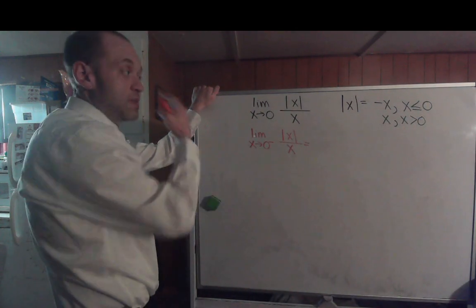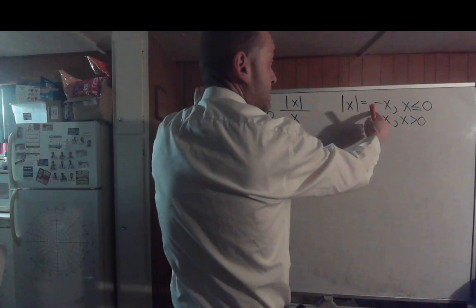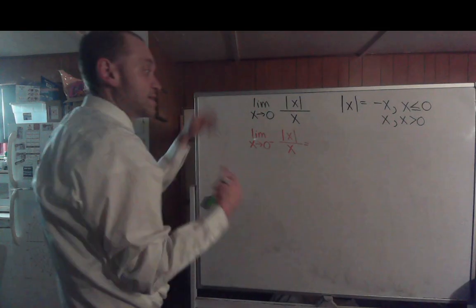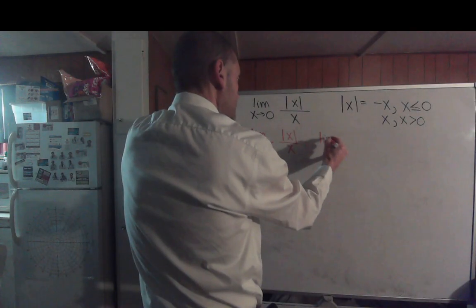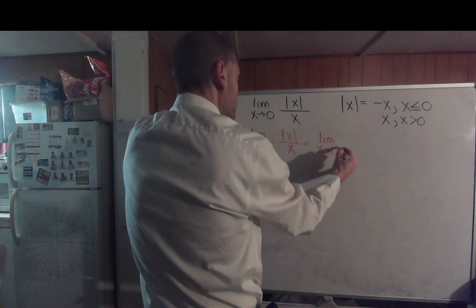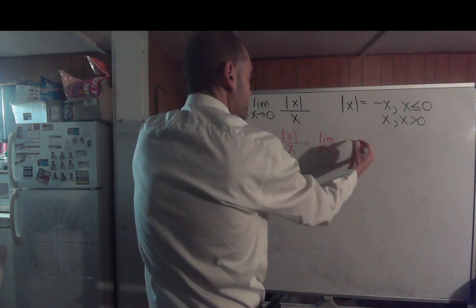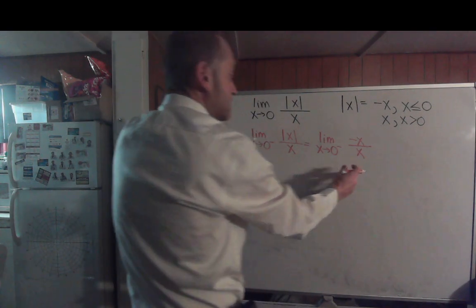And the absolute value of x behaves as f of x equals -x when x is less than or equal to 0. So we can make this the limit as x approaches 0 from the left of -x divided by x in the denominator.